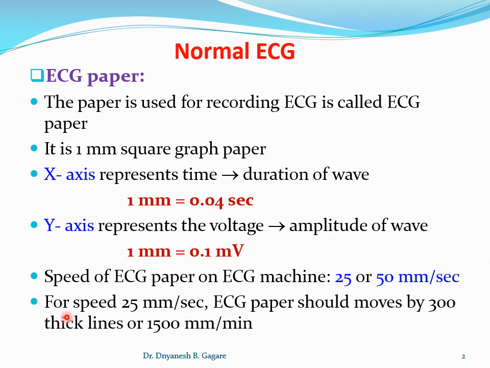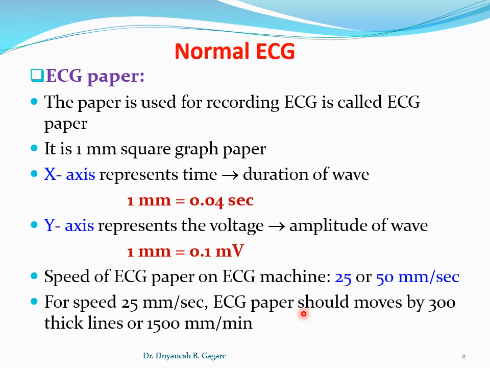So for a speed of 25 millimeter, the ECG paper should move by 300 thick lines or 1500 millimeter per minute. So 25 millimeter per second becomes 1500 millimeter per minute, since 25 into 60 seconds is equal to 1500 millimeter per minute.